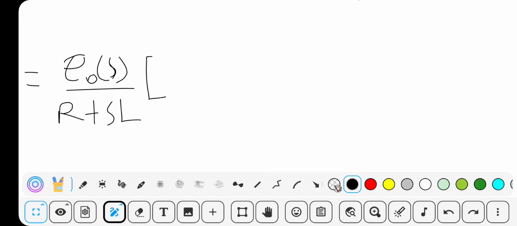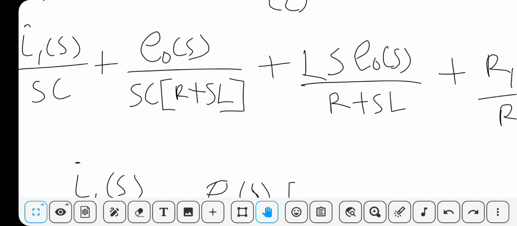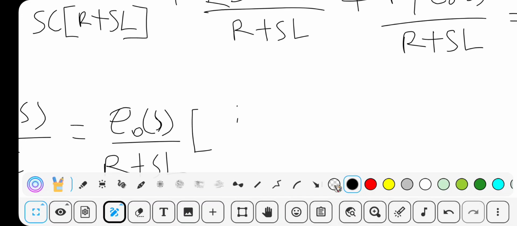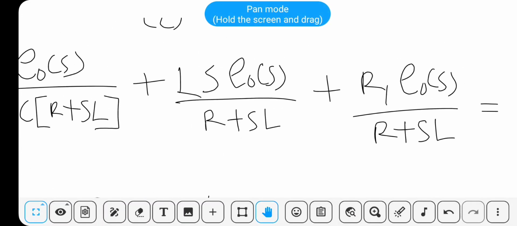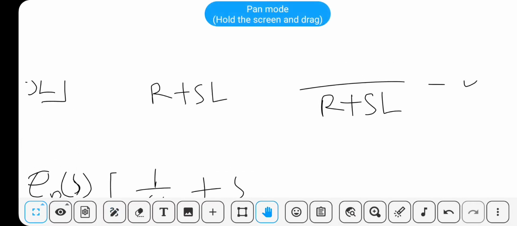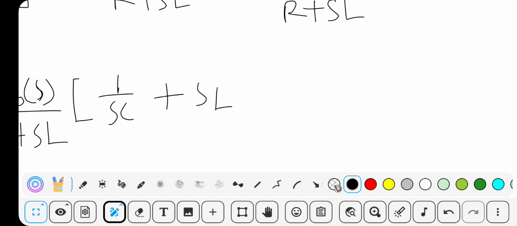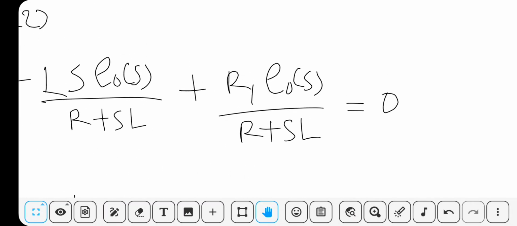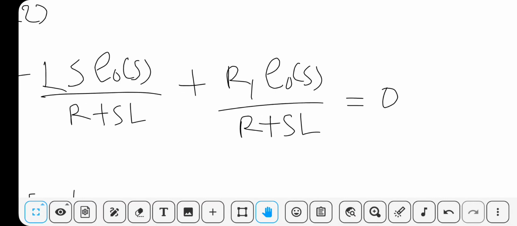This should now be 1 over SC plus SL, then plus R01, plus R1.